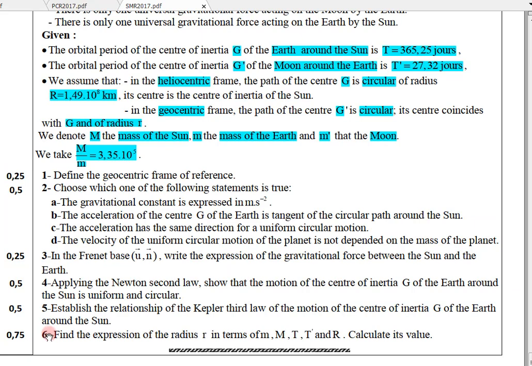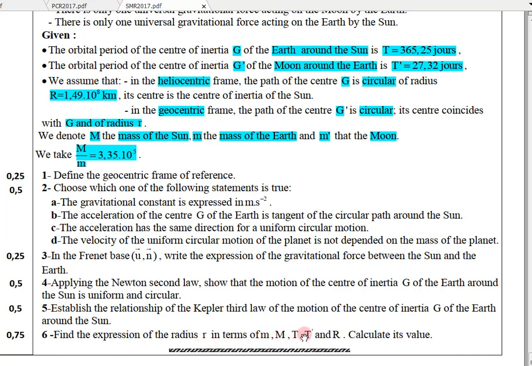Next, question number 6. Find the expression of the radius r, which is the radius of the orbit of the moon around the Earth, in terms of m, the mass of the moon, big M, the mass of the Earth, T, the orbital period of the Earth around the Sun, and T prime, the orbital period of the moon around the Earth, and R, the distance Sun-Earth, and calculate its value.